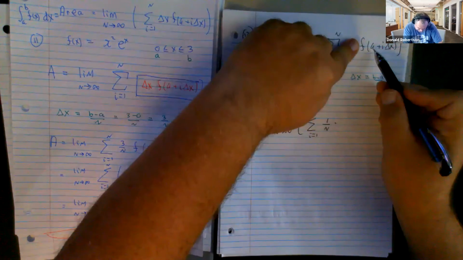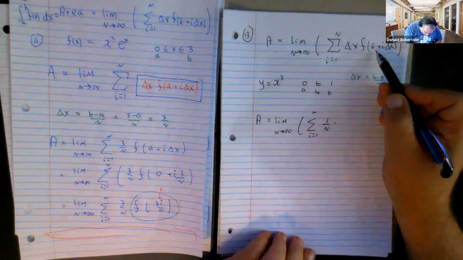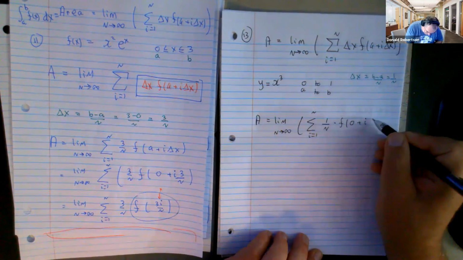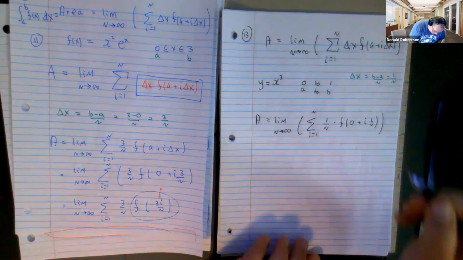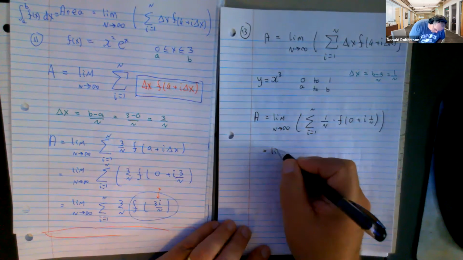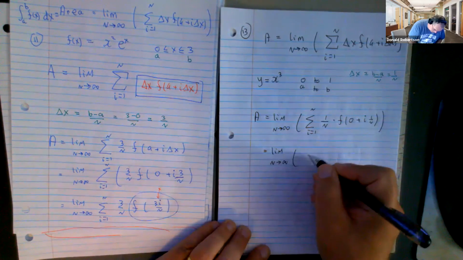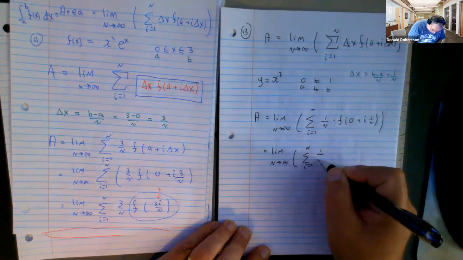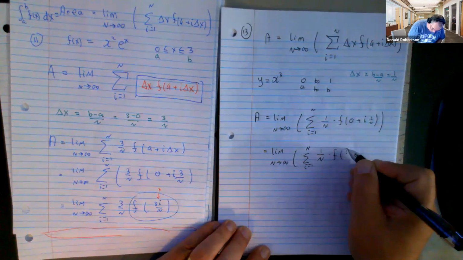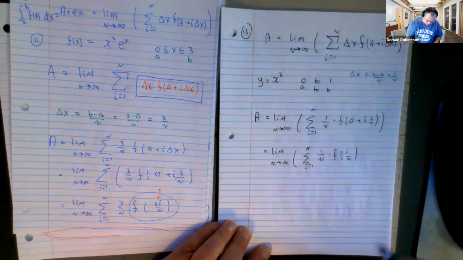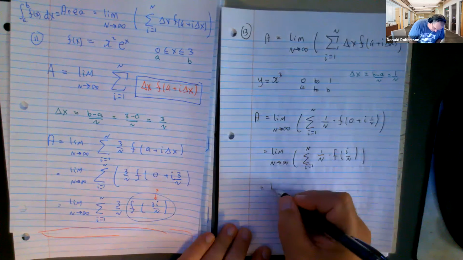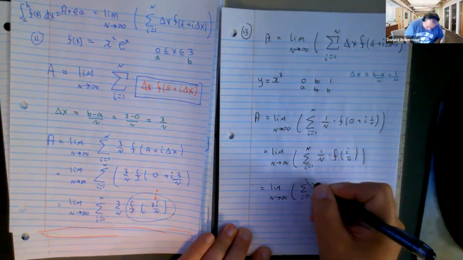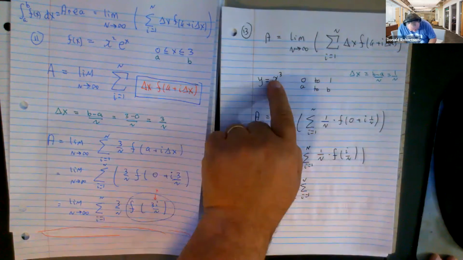This function here, isn't this going to be f of 0 plus i times delta x, which is that guy? So it's now going to be the limit as n tends to infinity of that guy, which is now going to be, right, i over n cubed.